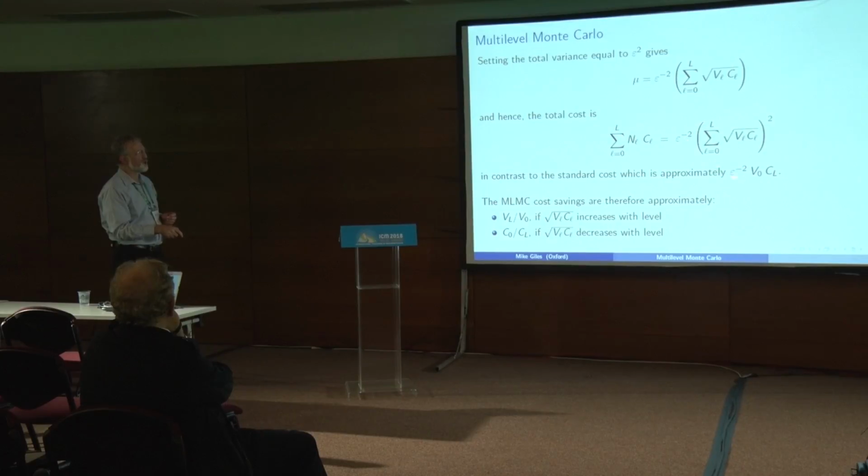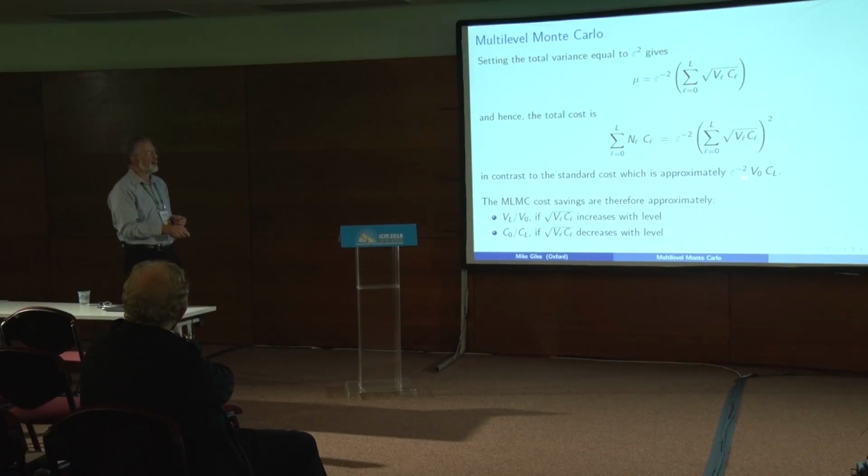That total cost can be compared to standard Monte Carlo, where we'd again have order epsilon to the minus 2 samples, and then we would have the variance on the finest level. Typically the variance on each of the levels of just the quantity P on its own, not the difference, doesn't tend to vary a huge amount.